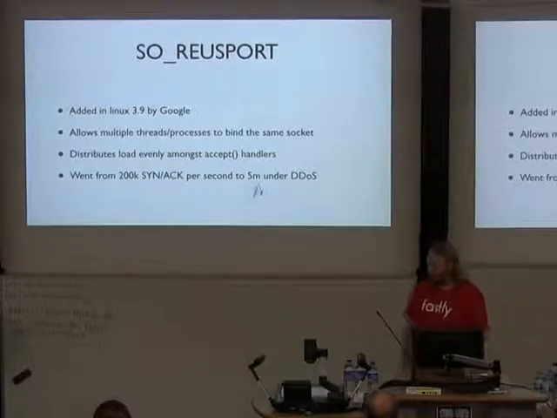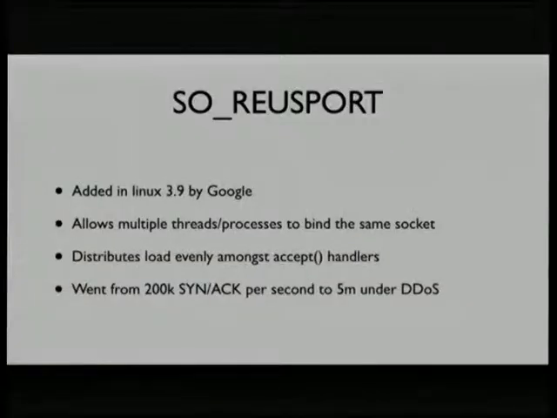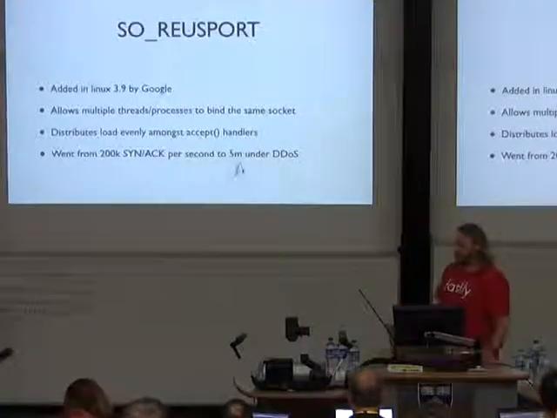Started looking into why. Two weeks later, a whole bunch of time spent with perf, we discovered a number of things. It was 14 lines of code in the end to get us from 200,000 to 5 million a second. Our Apache tree does have this patch. It's like a one-line patch to Apache and a few other things, but it makes a huge, huge difference.